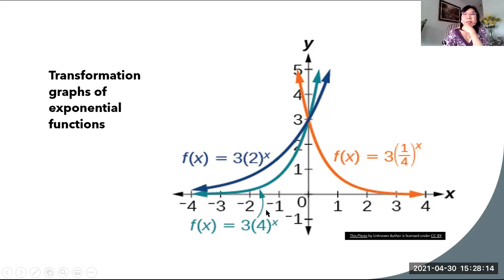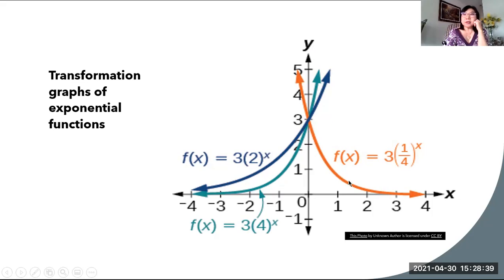Because the base here is smaller than the light blue, the light blue has a very steep slope, but because this base is smaller, the slope is not as steep as the light one.